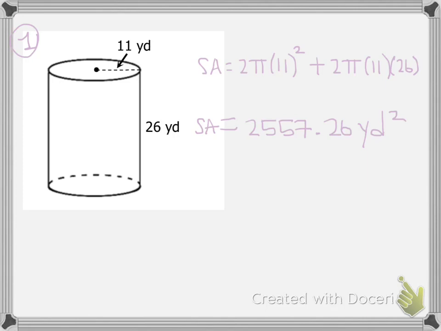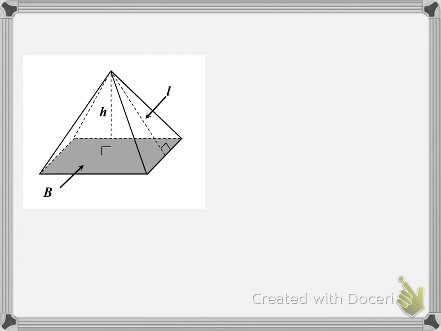Okay, so now let's look at pyramids. Okay, so pyramids are going to have a flat base. Here we're going to have a slant height, so your slant height is going to be your L. Your B is going to be your area of the base.